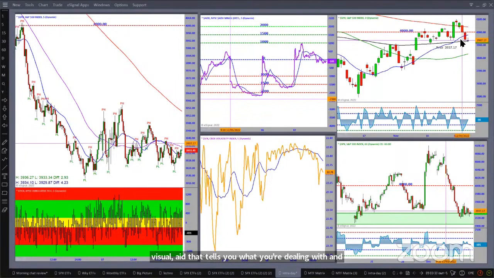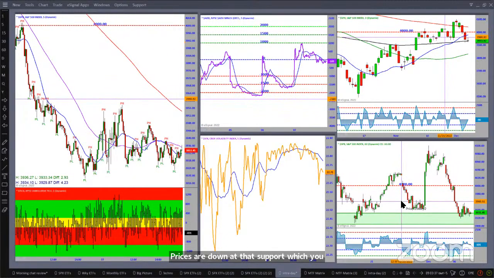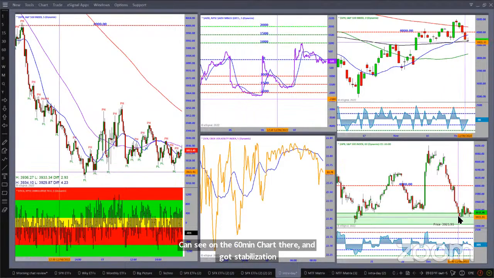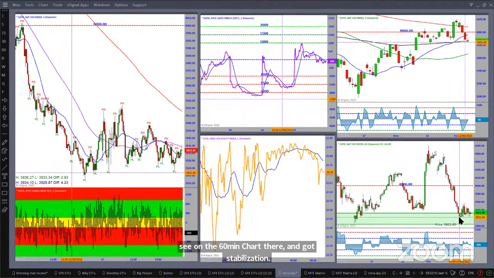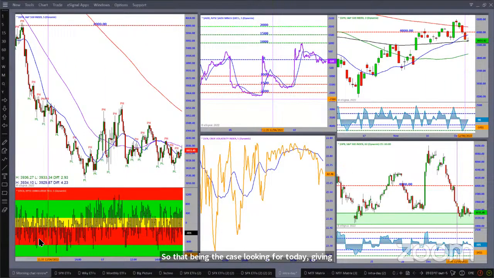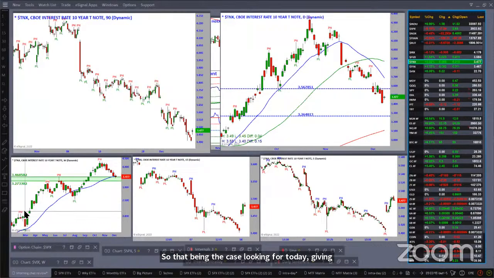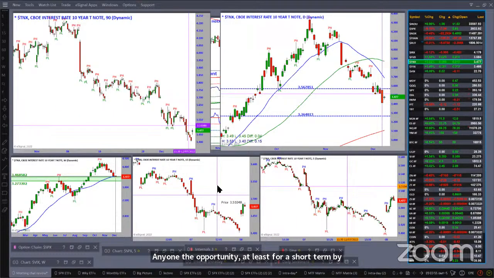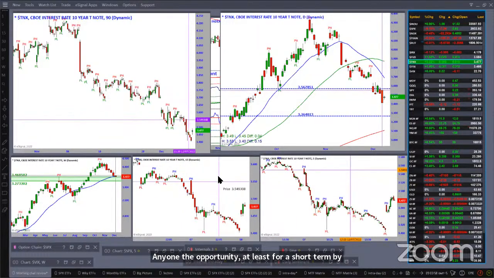And so prices are down at that support, which you can see on the 60-minute chart there, and got stabilization. So that being the case, I'm looking for today, giving buyers, anyone, the opportunity at least for a short-term buy-side bias. We'll see how it plays out.